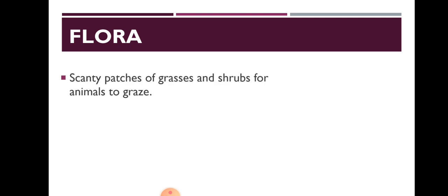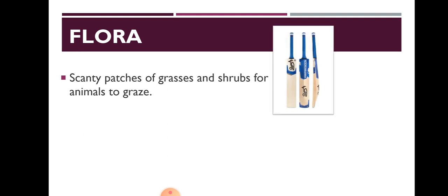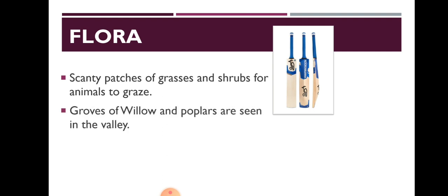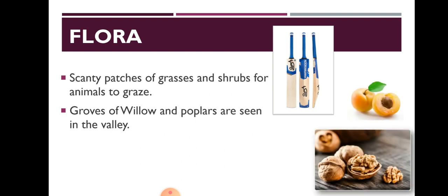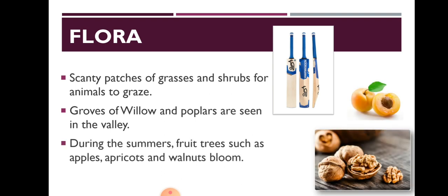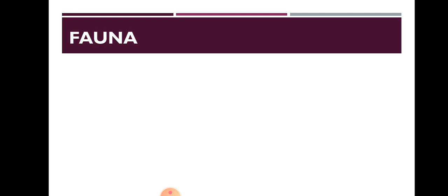Now, flora. Here in this region, we can see scanty patches of grasses and shrubs for animals to graze. Groves of willow and poplars are seen in the valley. During the summer, fruit trees such as apple, apricot, and walnut bloom here.